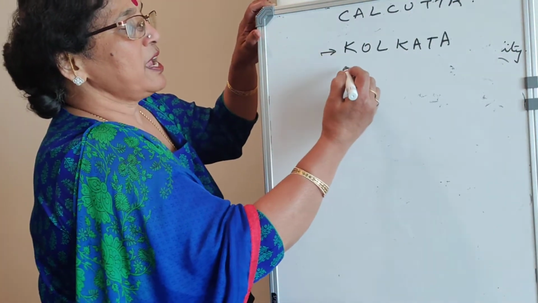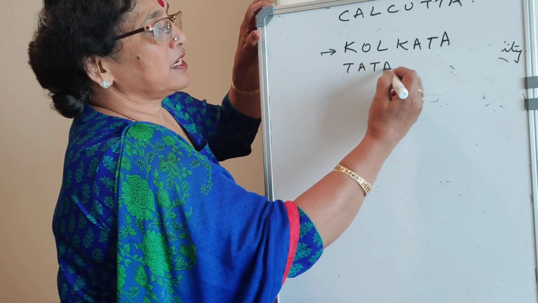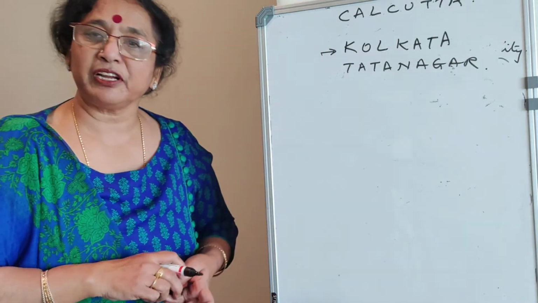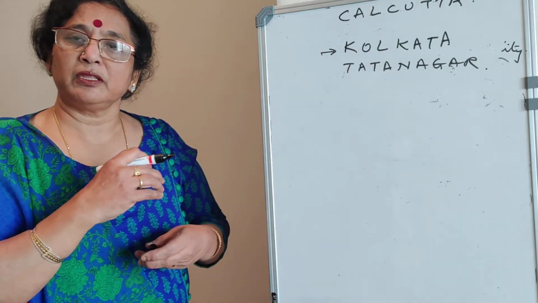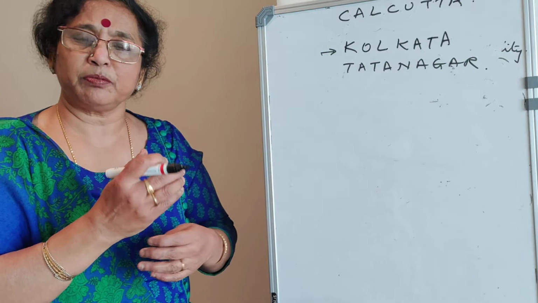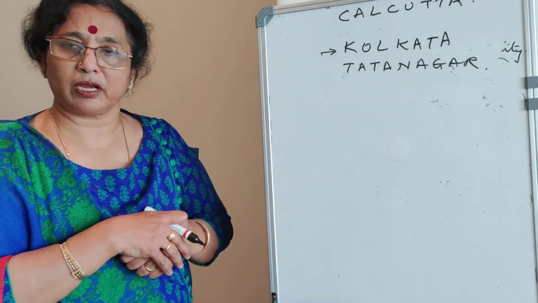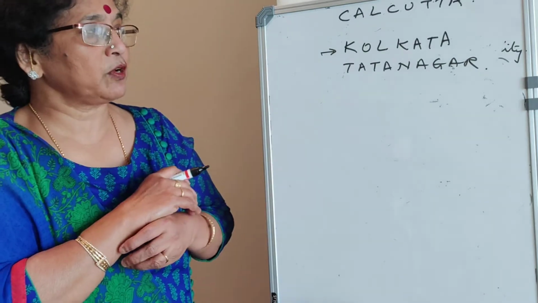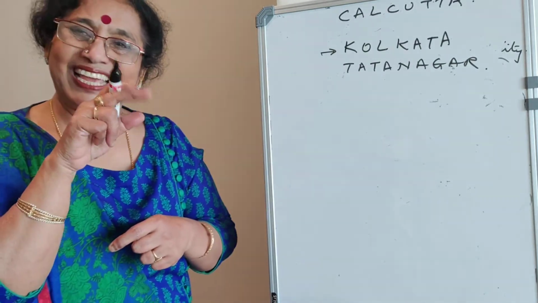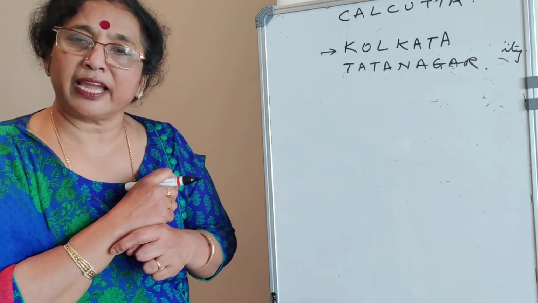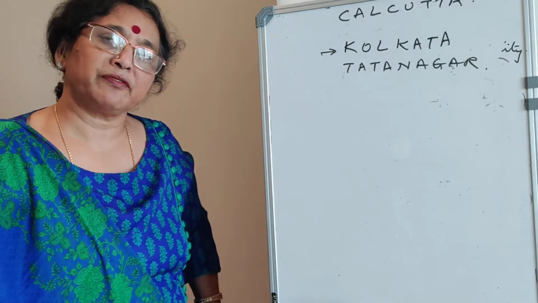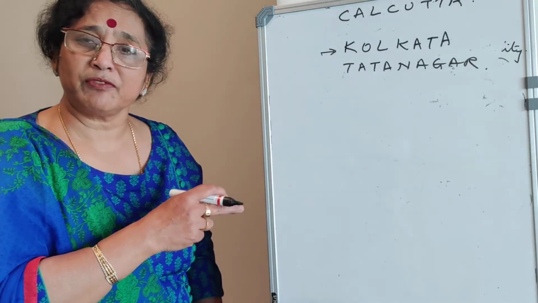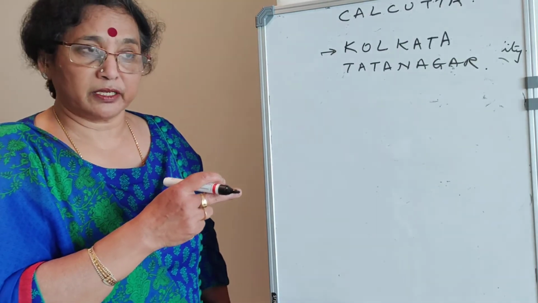So this is Kolkata and the other letter is Tata Nagar. Now this is a little difficult to do. Letters are addressed to two places, Tata Nagar and Kolkata. Due to rain, all the letters are wiped out and only one TA is left. So what are the chances that this letter came from Tata Nagar? You don't know, because only TA is left, so there's a doubt whether it came from Kolkata or Tata Nagar.